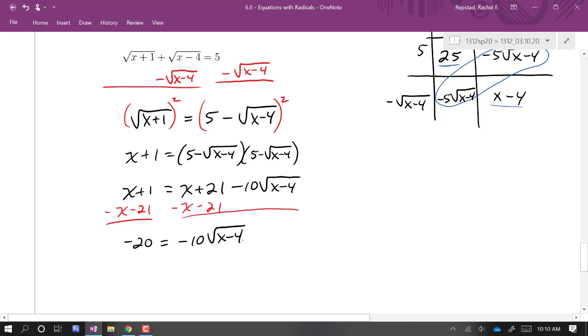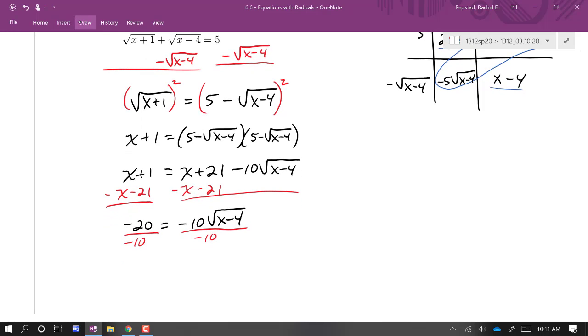So the first example we did, I said that radical really is isolated. We could square both sides right now. I'm going to go ahead and do the division just because I'll be able to cancel. I'll end up with smaller numbers, which I find convenient. It's a matter of personal preference whether you choose to divide by negative 10 first, but I'm going to do it. So we get 2 equals the square root of x minus 4.